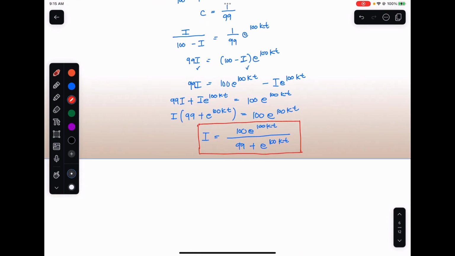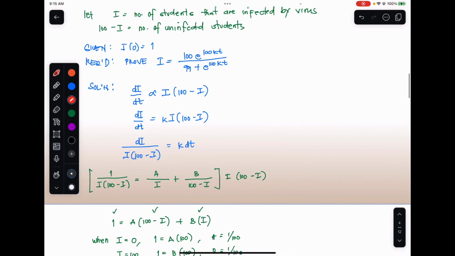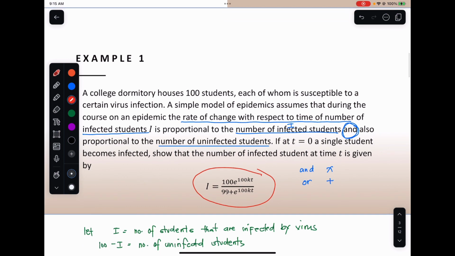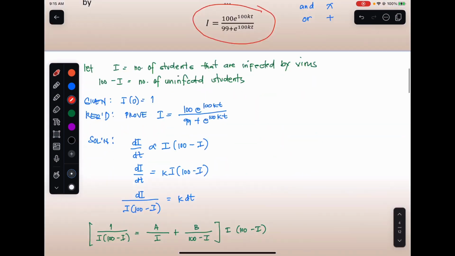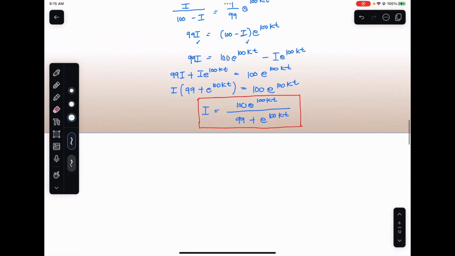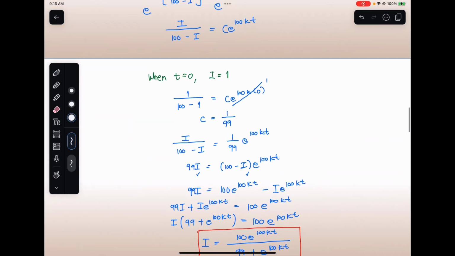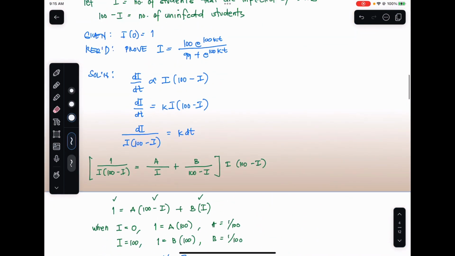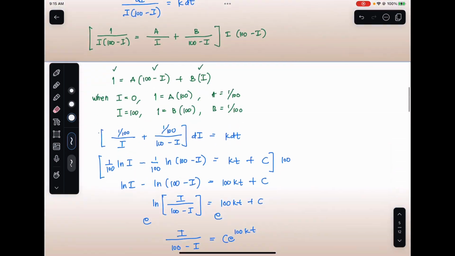Let's say after some time, in this case it was no longer specified what the unit would be for time. We can use this model in predicting how the virus will infect students within that dormitory. This is an example of logistic growth.